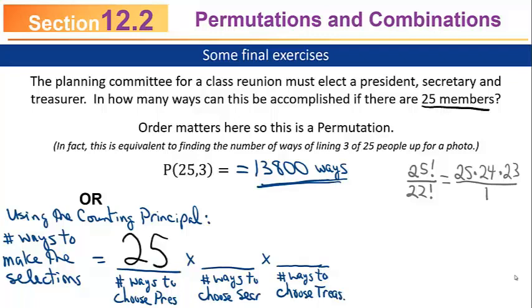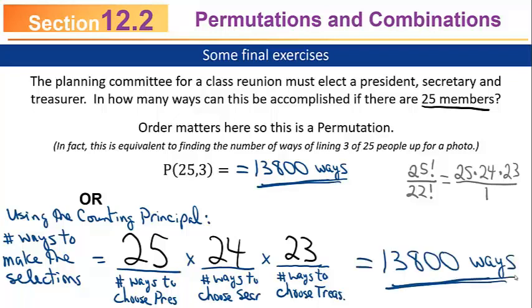Well, obviously 25. But once you've chosen the president, you only have 24 left to choose the secretary from. And then once you've chosen a president and a secretary, you only have 23 ways of choosing the treasurer. And you can see you still get that same 25 times 24 times 23, again 13,800 ways.